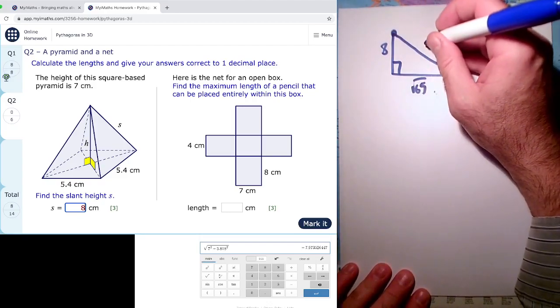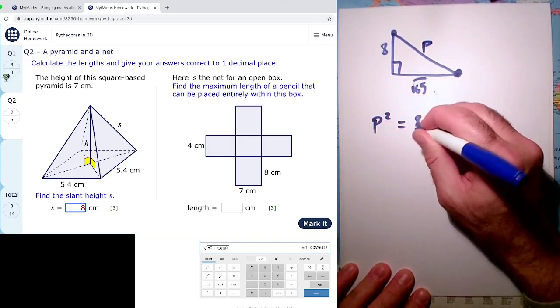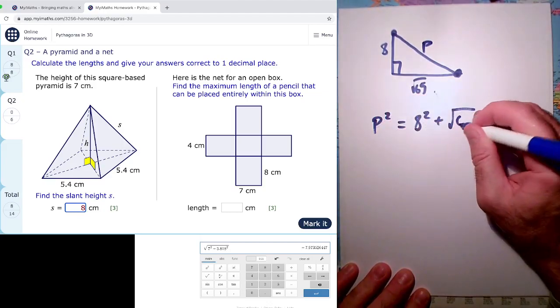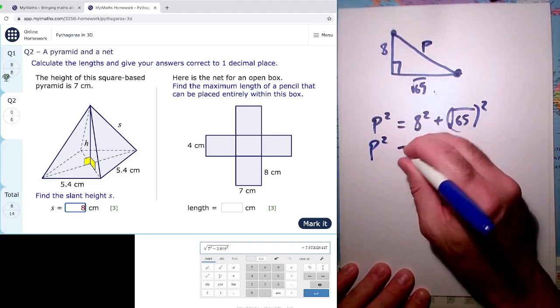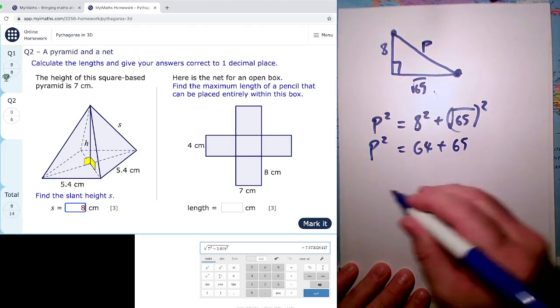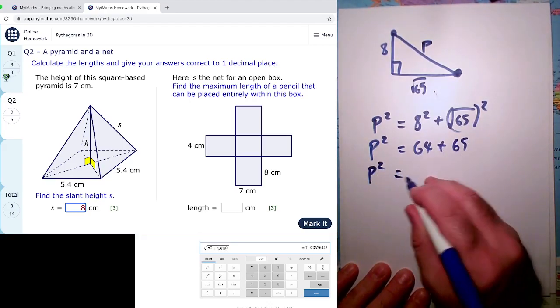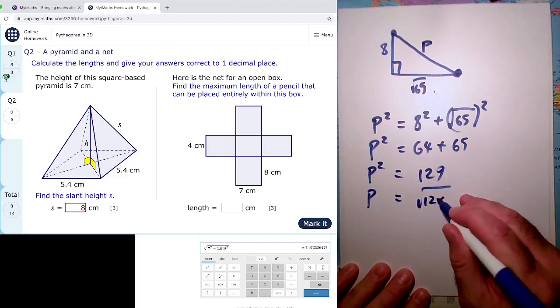So let's call that P for pencil. P squared equals 8 squared plus the square root of 65 squared, that's Pythagoras. P squared equals 64 plus 65. P squared equals 129, so P is going to be the square root of 129.